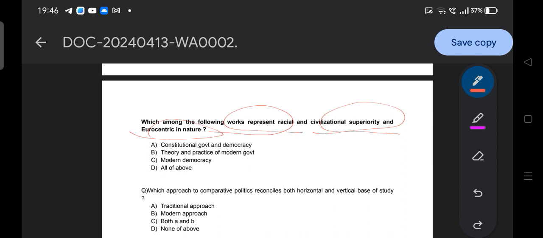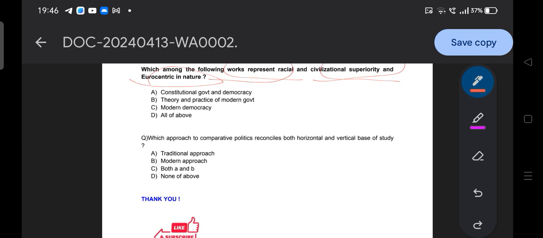You need to find out which books present this ideology: Constitutional Government and Democracy, Theory and Practice of Modern Government, and Modern Democracies. And option D is all of the above. You need to provide the answer in the comment section. So what is the correct answer to this question?